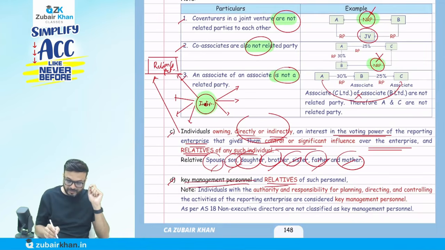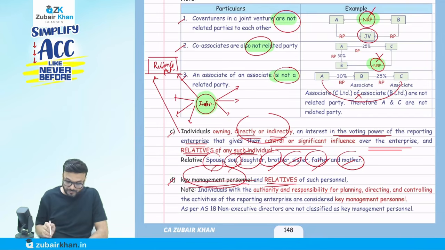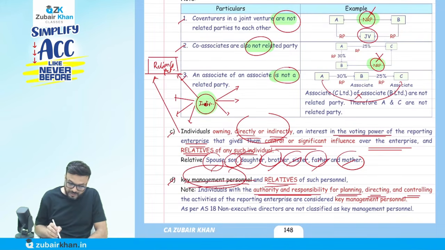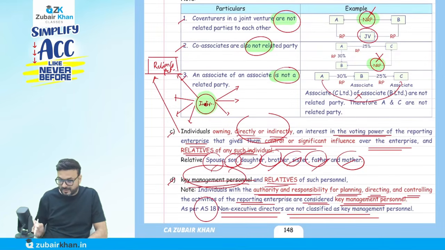So here they talk about the key management person and the relatives, just like point C. Note that individuals with the authority and responsibility for planning, directing and controlling the activities of the reporting enterprise are considered key management persons, like the director. But AS 18 specifically says that non-executive directors are not classified as key management persons.